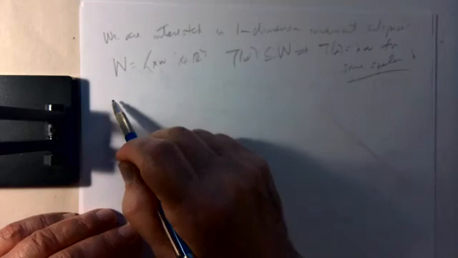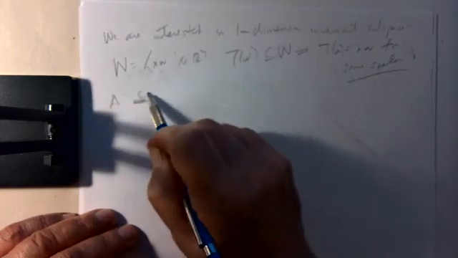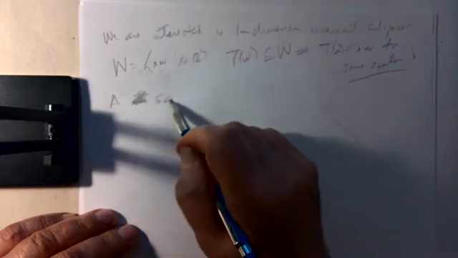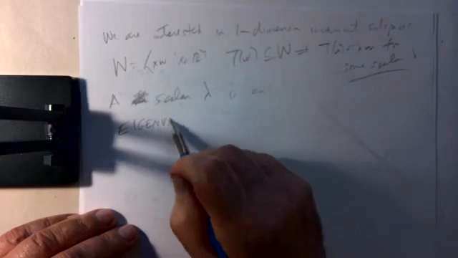And we have a special terminology for this. A number, a scalar, lambda is called an eigenvalue. It's a German word that just stands for special value.